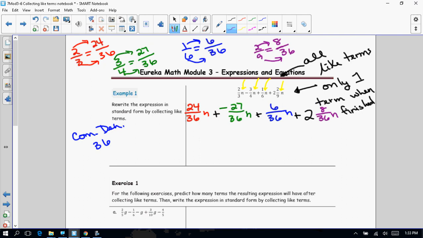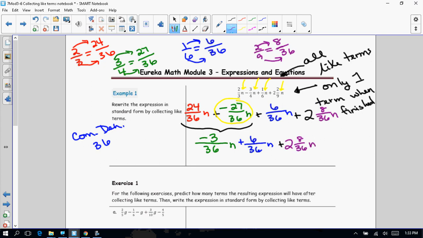All right, and now pretty much I'm just going to go straight across and add. I can do that because they all have a common denominator. So if I add the first two, I'll notice that 27 is bigger than 24, so I know my answer is going to be negative. So I'm going to have negative 3 over 36n, and then I've still got the plus 6 over 36n plus 2 and 8 over 36n.